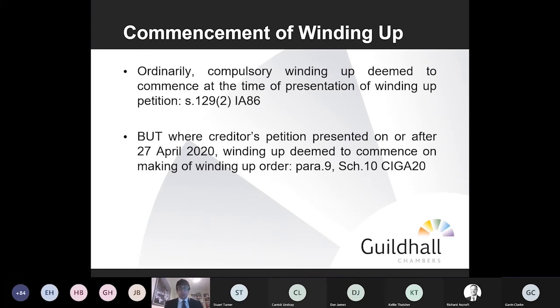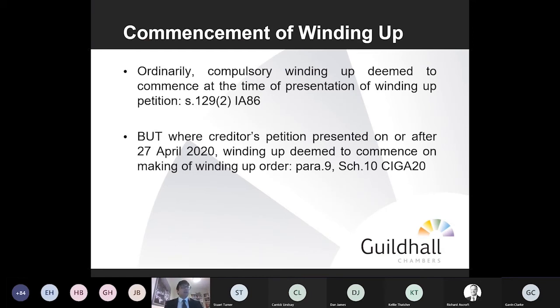Specifically, paragraph 9 of Schedule 10 of the new Corporate Insolvency and Governance Act 2020 provides that where a creditor's petition is presented on or after the 27th of April 2020, which is the date from which the new Act is deemed to have taken effect, the commencement of winding up is deemed to occur not when the petition is presented, but on the later date when the winding up order is made. What that means in practice is that for cases where the petition was presented after that date, there will be no application of section 127.